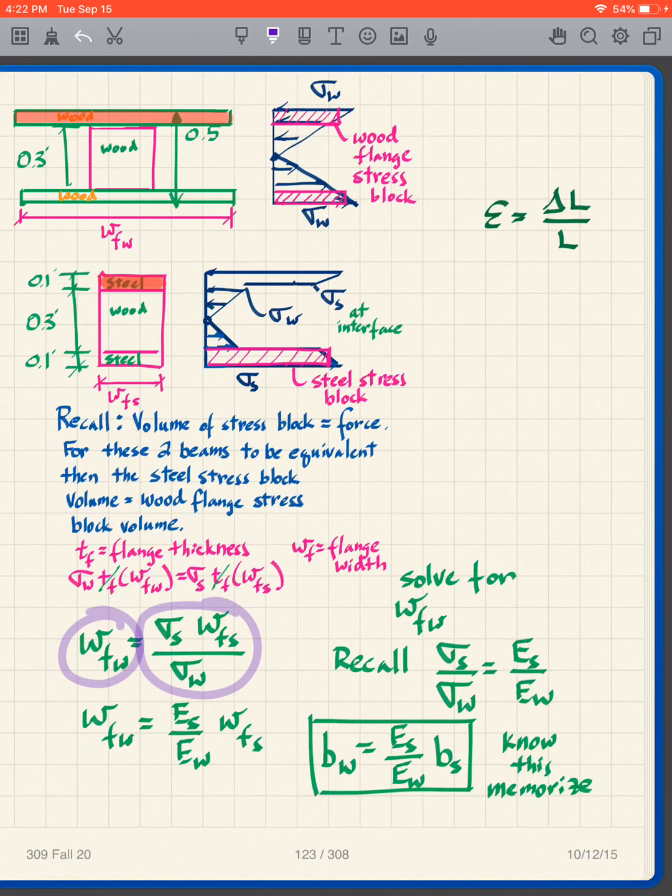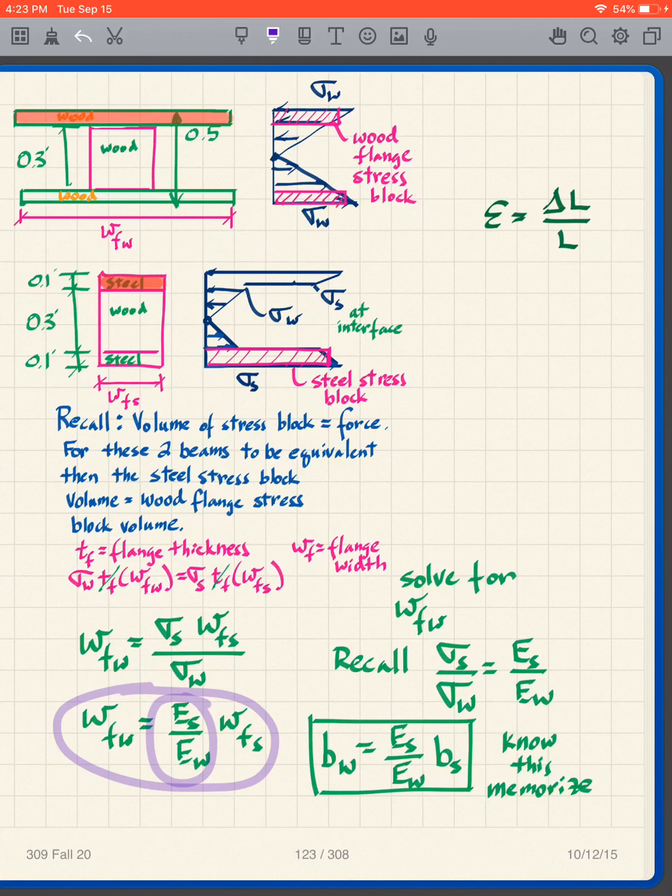I get sigma S over sigma W times the width of the flange of the steel. And I know that this ratio, from what we just did, is equal to the ratio of the Young's moduli. So I can write that the width of the flange of the wood is this ratio, E steel over E wood, times the width of the flange of the steel.